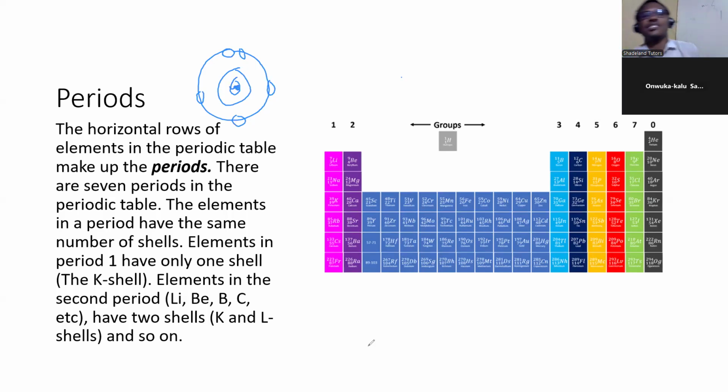There are 3 shells here and there are 5 valence electrons. I want somebody to tell me the group and the period that this element will belong to. Unmute yourself if you know.